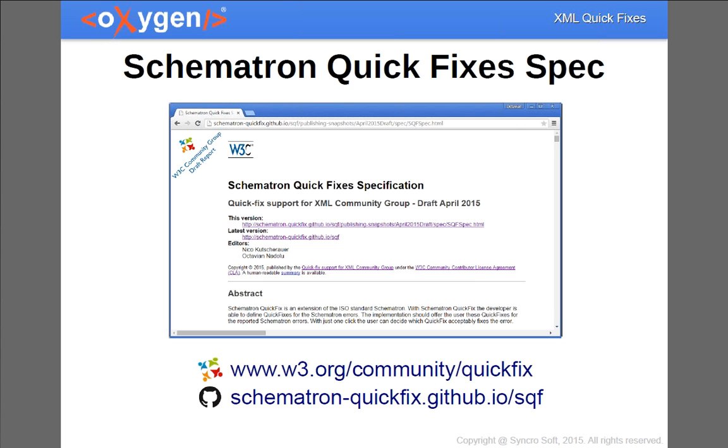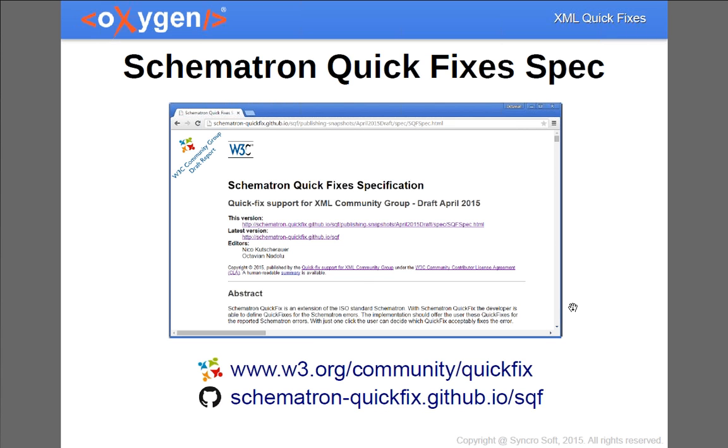We created a W3C community group for XML quick fix support, and you can find the first draft there. I added the link here directly to the GitHub. You can check the specification there.